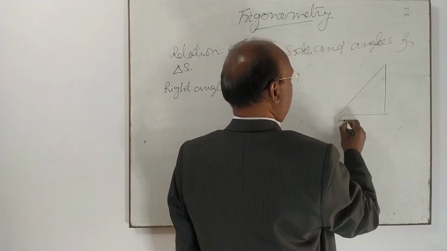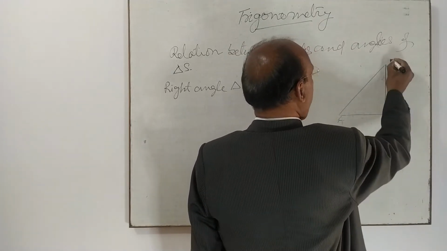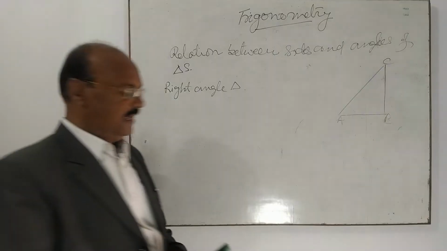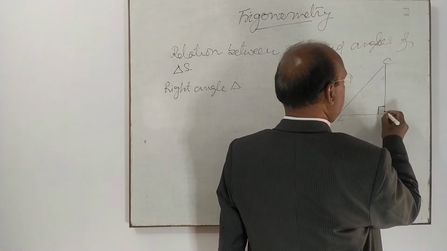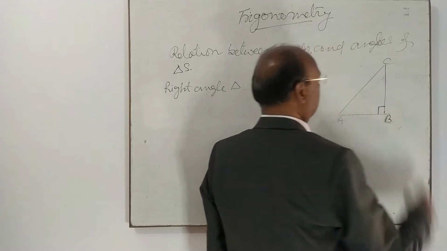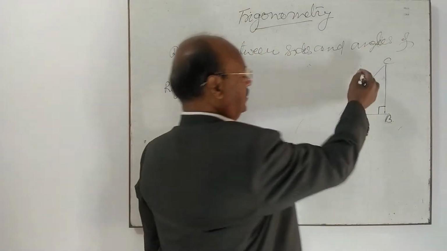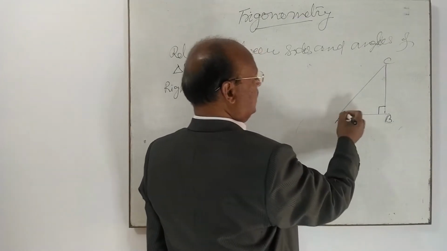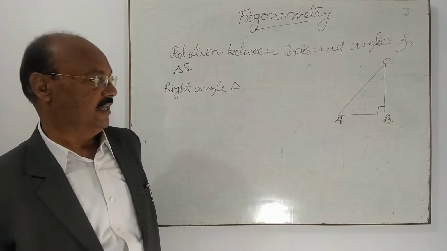Suppose here is angle A, here angle B, and here angle C. This angle B is a right angle. So as you know, this triangle ABC is known as a right angle triangle.